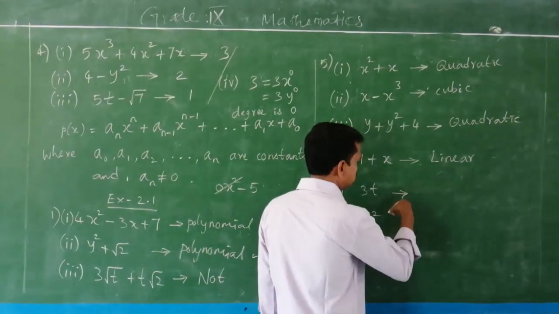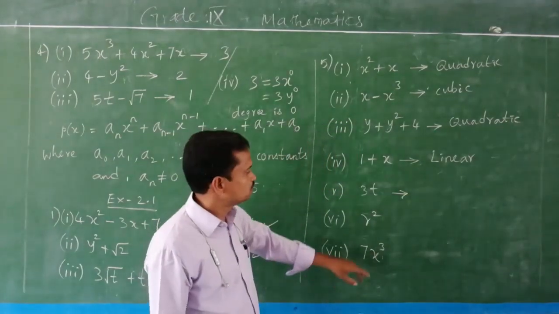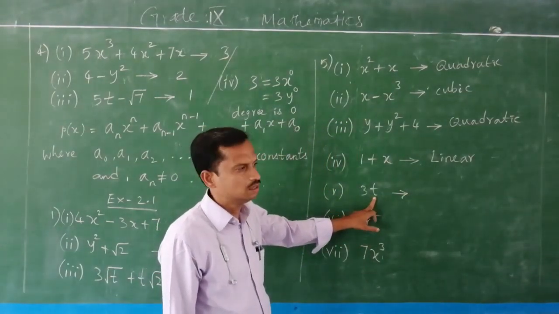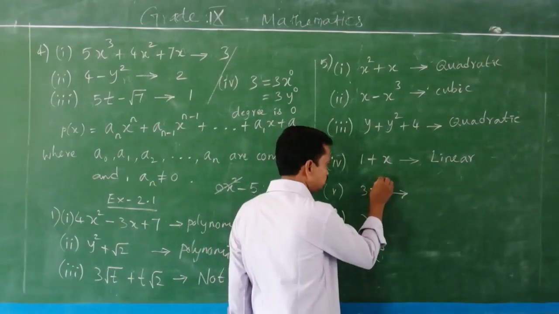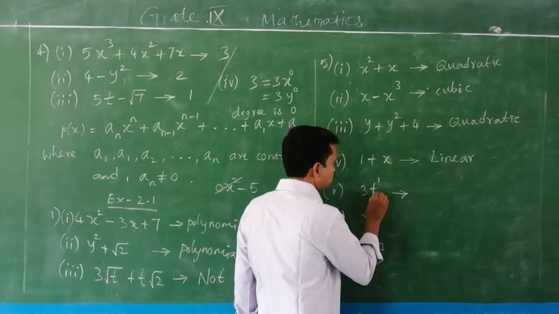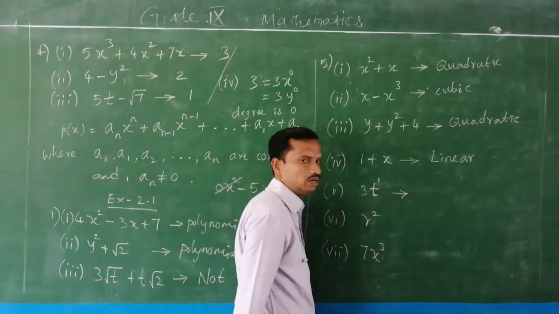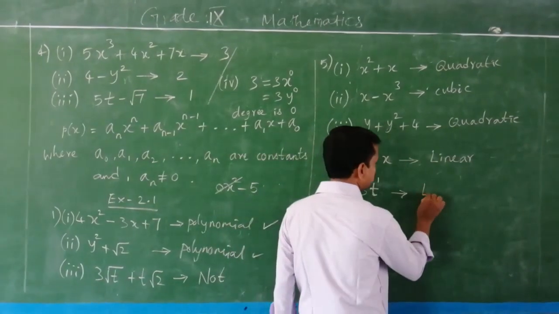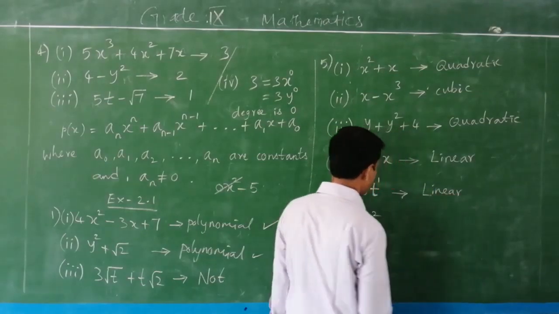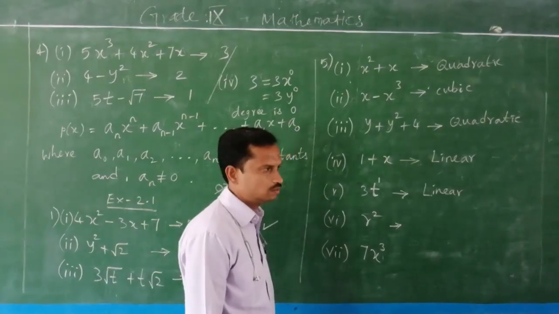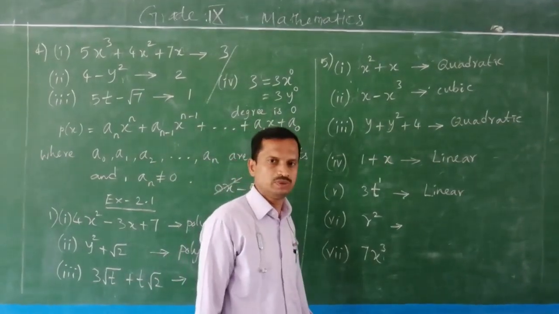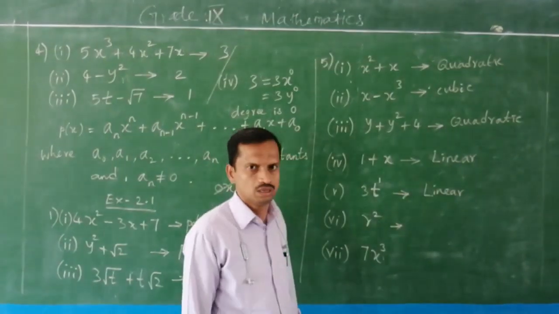Now the next option, 3t. Here the variable is t. What is the degree? 1, because the highest power is 1. If no exponent is written, it is understood that it is 1. So it is linear. This is r square, only the variable r with the exponent 2, and no other terms.